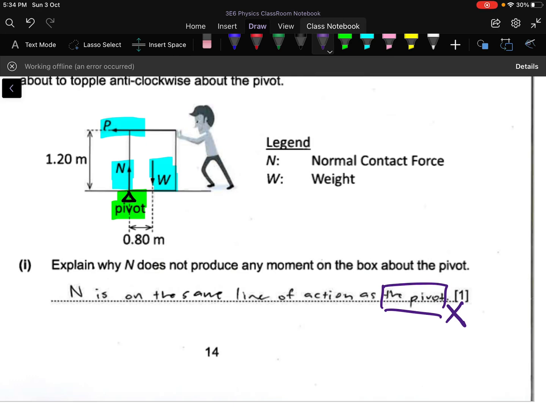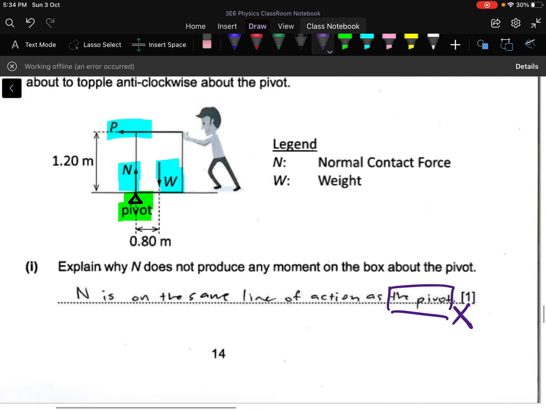You won't say this line is on this point, right? You will say this point is on this line, right? So you should say that the pivot is on the line of action of N. Well, that is good enough.